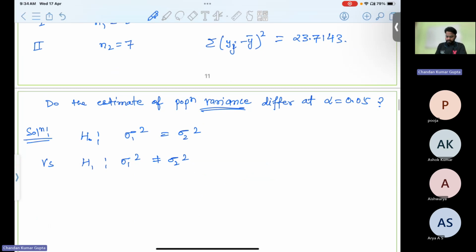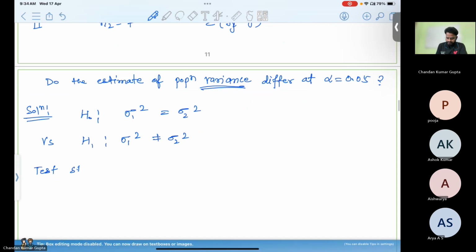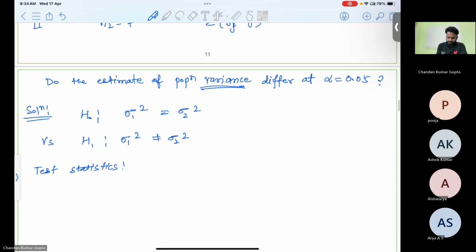Now our test statistic. We are testing for two variances.